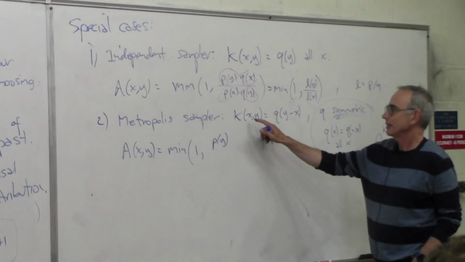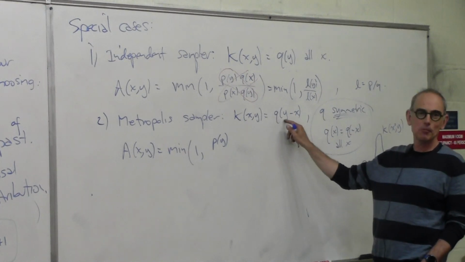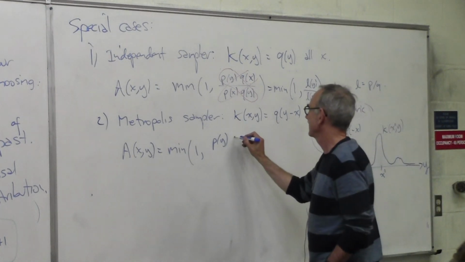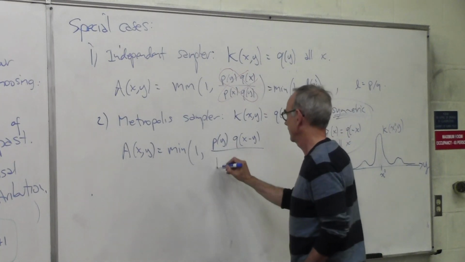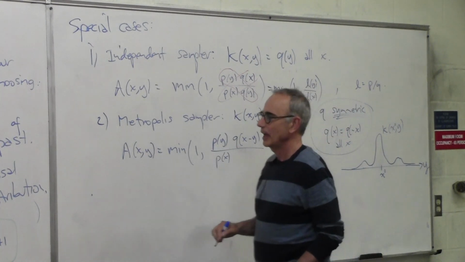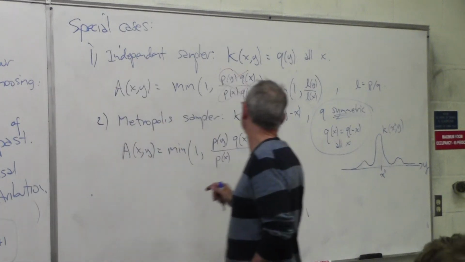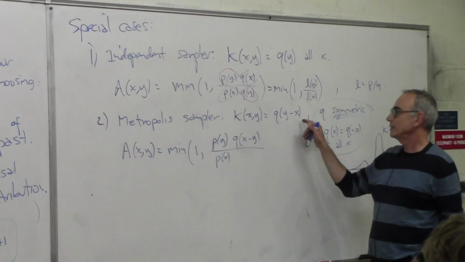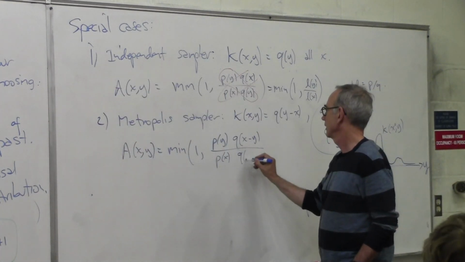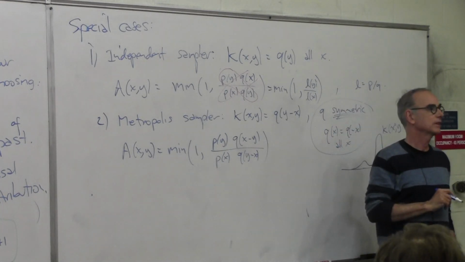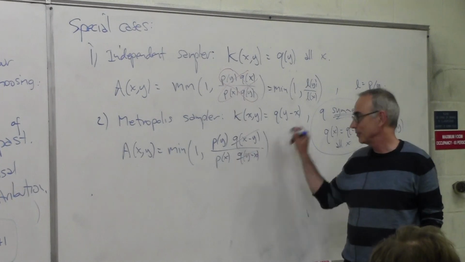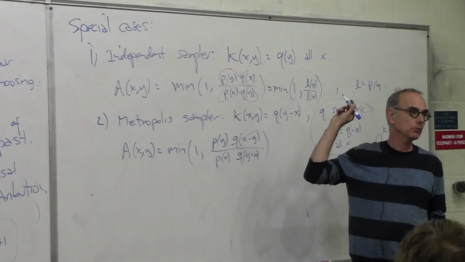K y to x would be q of x minus y. And I've got k x to y, that's q of y minus x. Right, y'all with me? But then these cancel out by symmetry. So that's why the symmetry is assumed.